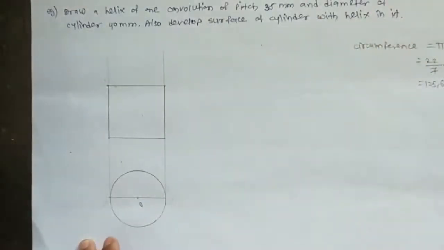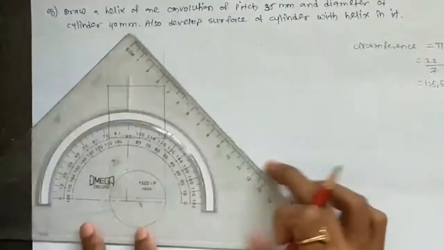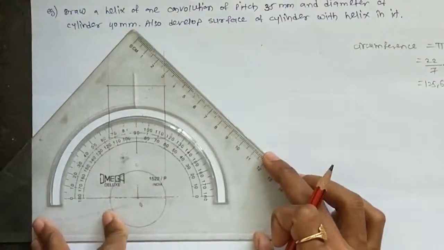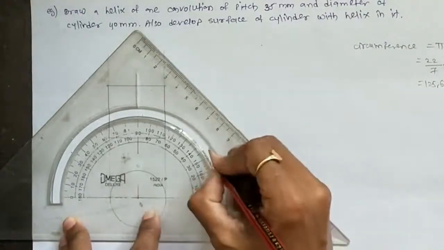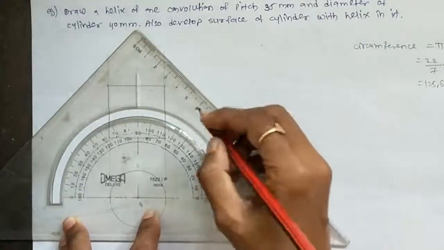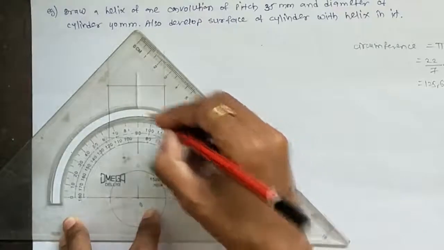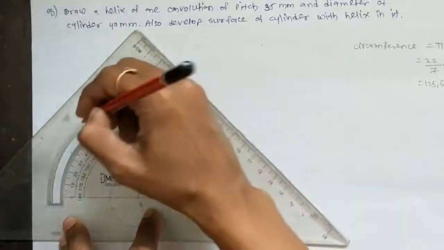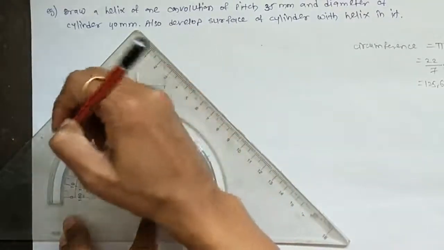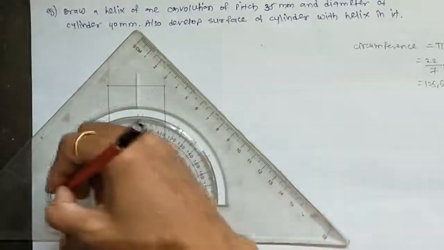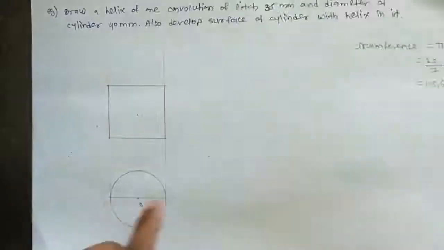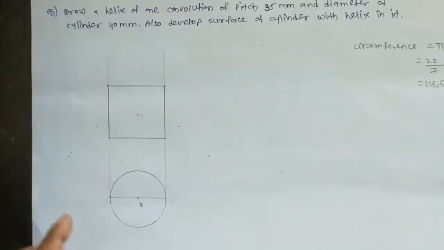So divide circle into 12 equal parts. So angle will be of 30 degree, then 30, 60, 90, 120, 150 and 180 need not to take because it is on this horizontal line.